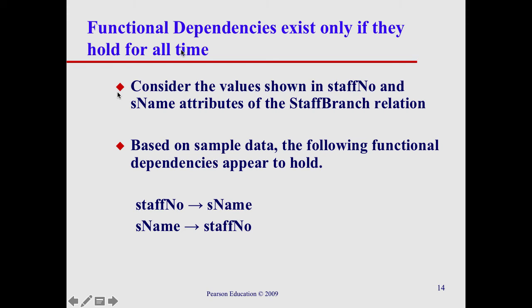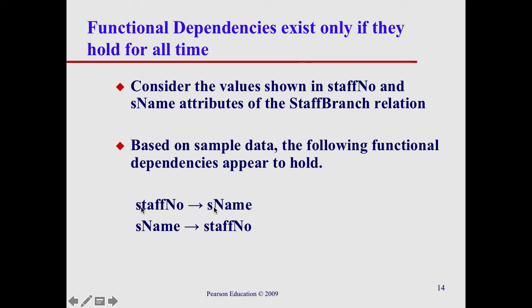It may be that at a moment in time, like here at UT, there may be currently no student on campus with a duplicate name. I doubt that, but it's possible. But in order for a functional dependency to be modeled using normalization, it has to hold for all time, not just right now. Okay, so that's important. So staff number is supposed to uniquely determine staff name.